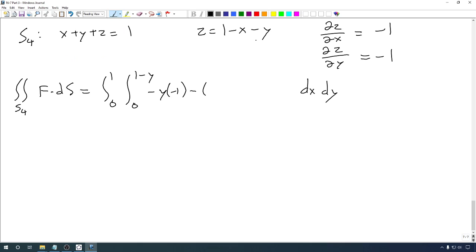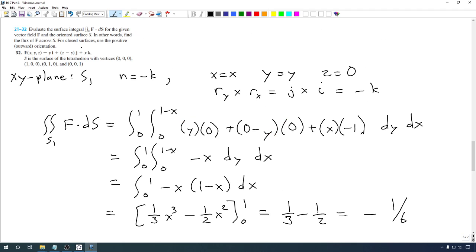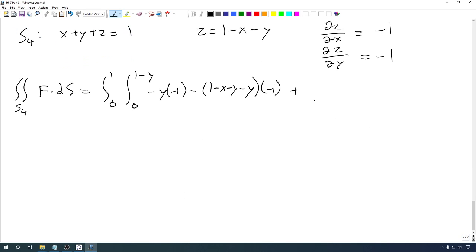Keep in mind z is actually 1 minus x minus y, and I'm subtracting y from that and multiplying by -1. And then I add in R. R is my third component of f, which is just x. And I don't have to multiply that by anything.